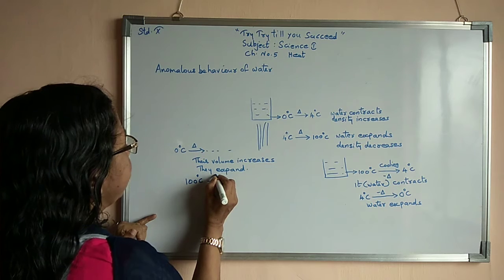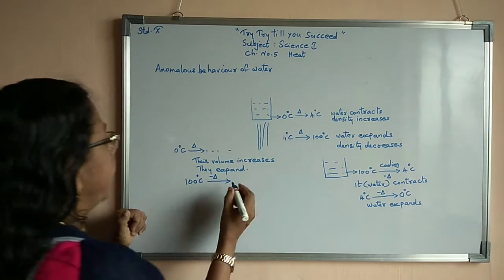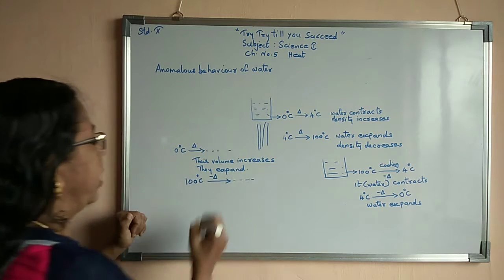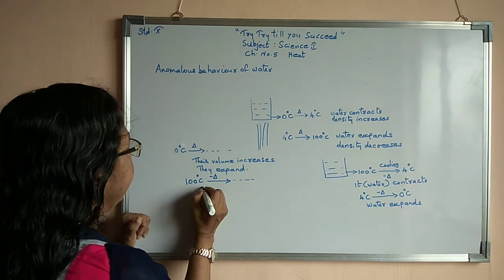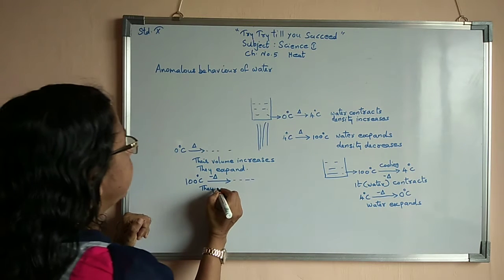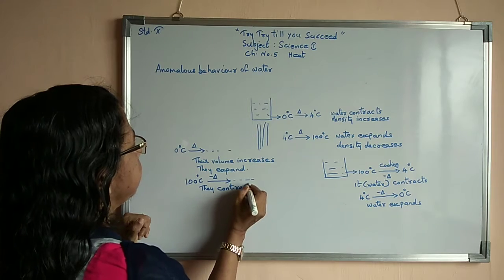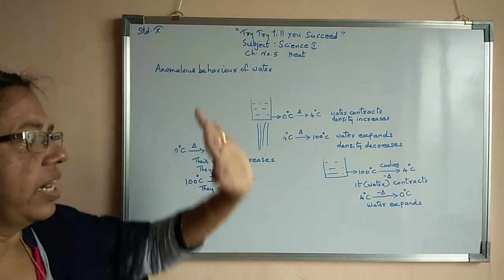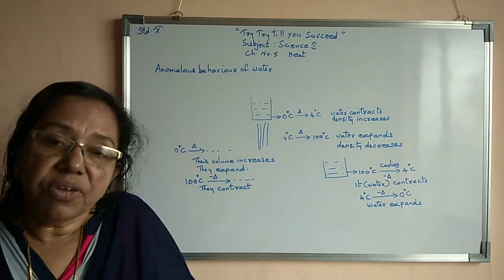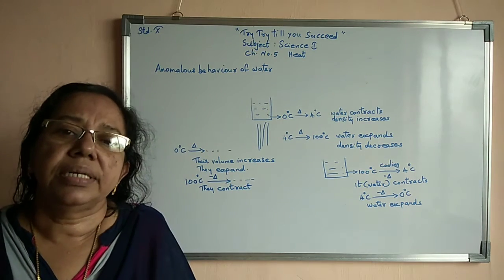Now I am cooling it, that means the temperature is removed. So you can find that any substance contracts. Other than water, any substance, when you heat it, it expands. When you cool it, it contracts.